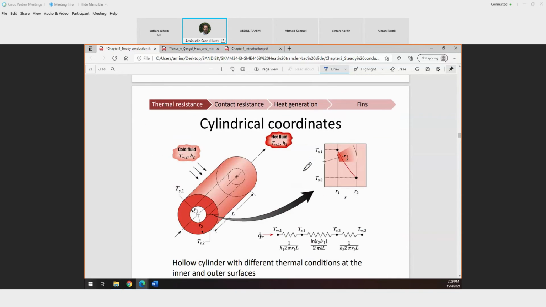So next we go to the cylindrical coordinate. In chapter 2, you remember that on top of the Cartesian, you also need to do the conduction analysis under cylindrical and spherical.